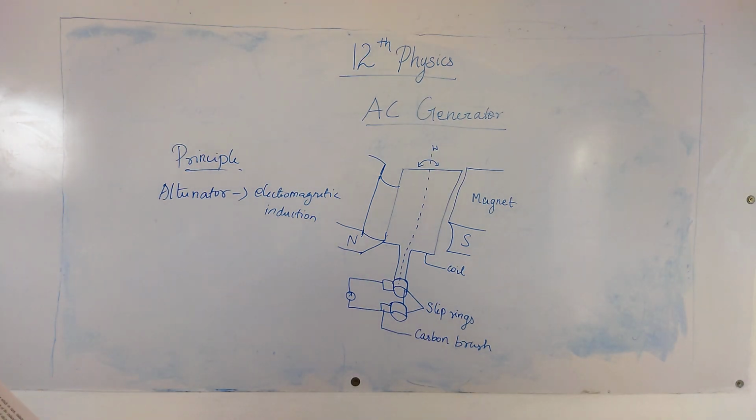The relative motion between a conductor and a magnetic field changes the magnetic flux linked with the conductor, which in turn induces an EMF.